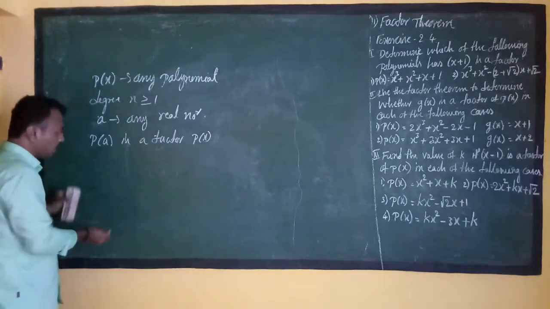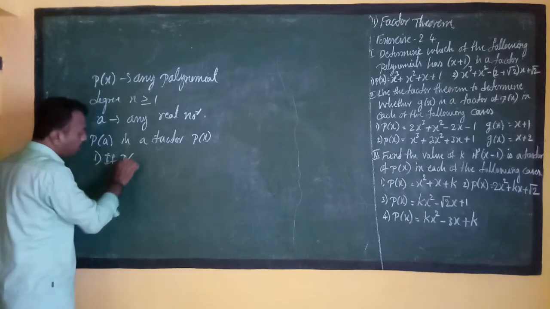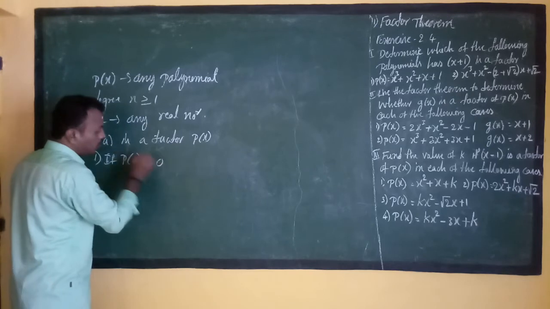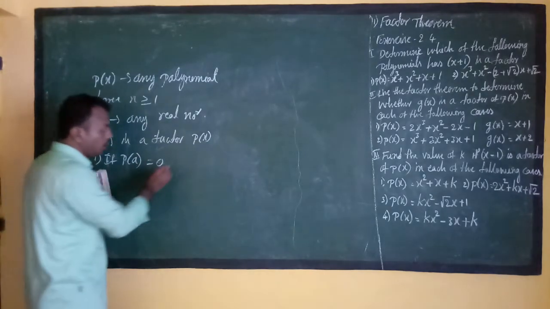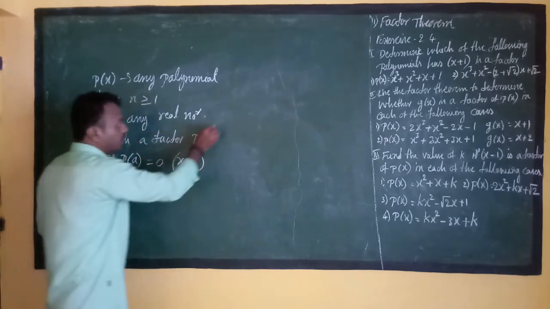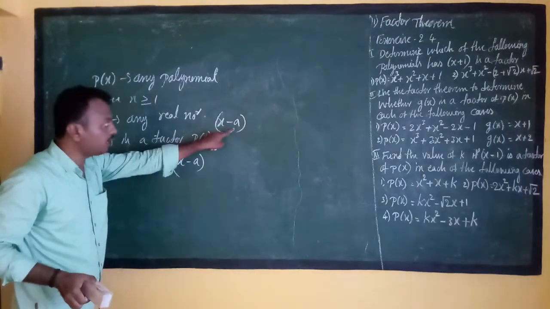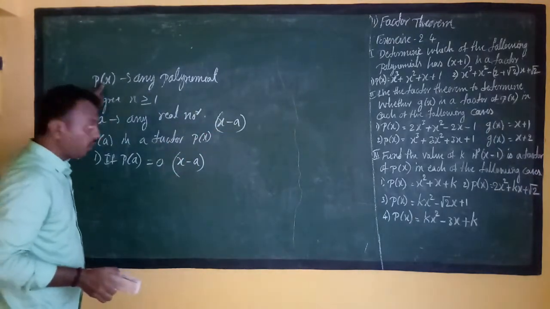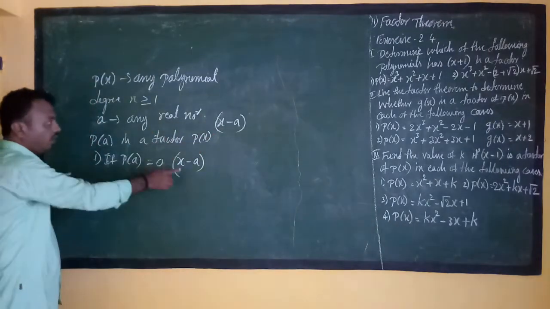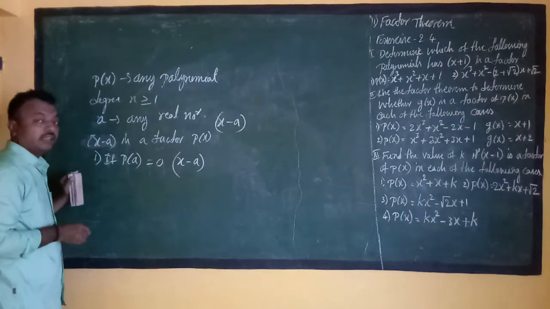Then there are two conditions. Number one, if p of a is equal to 0, then x minus a is a factor of p of x, where a is any real number and x minus a is another polynomial. Sorry, it is x minus a that is a factor of p of x.